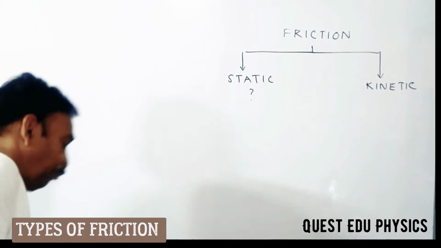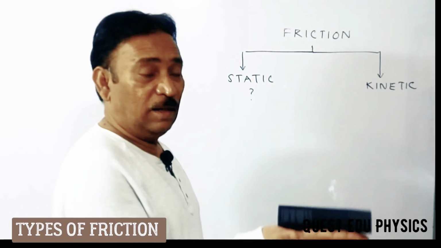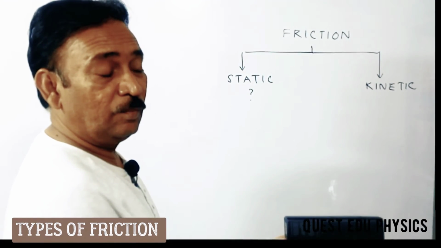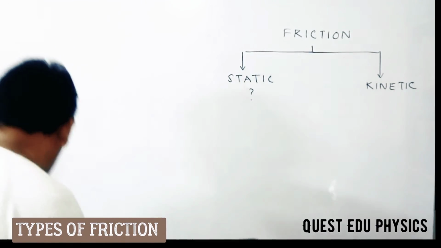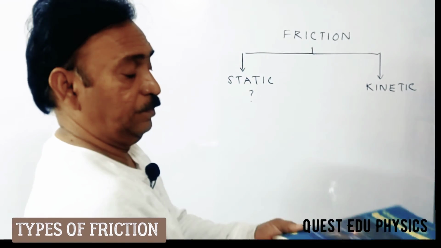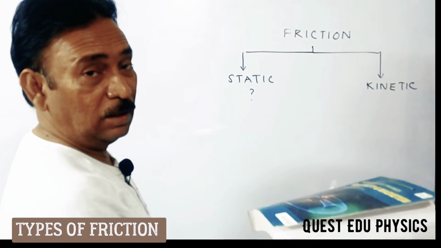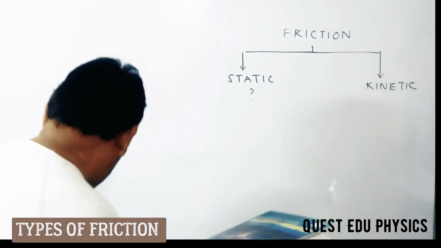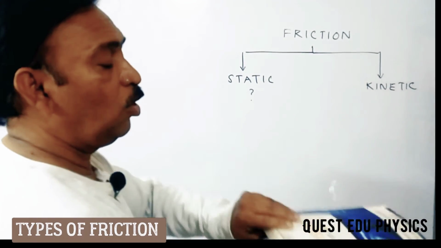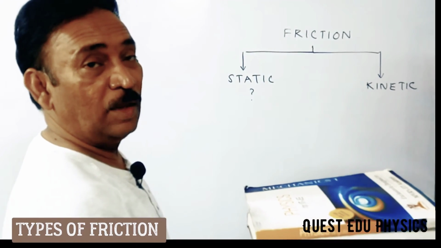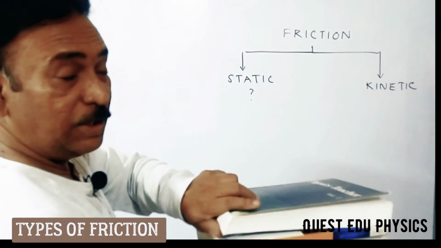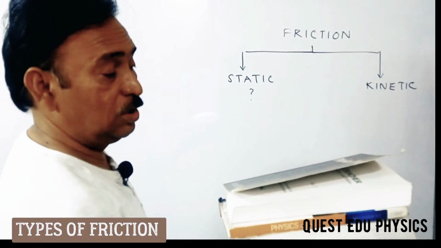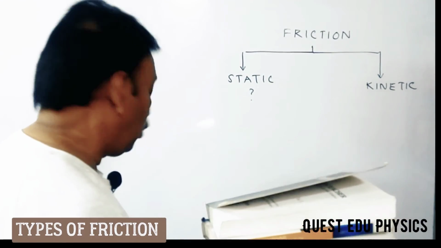Let's say I am holding this in my hand. I can hold it very easily. Just imagine I put more weight on, I have to apply some more force on it. If I keep one more, I have to apply more force. I'm adjusting my force, applying more and more.